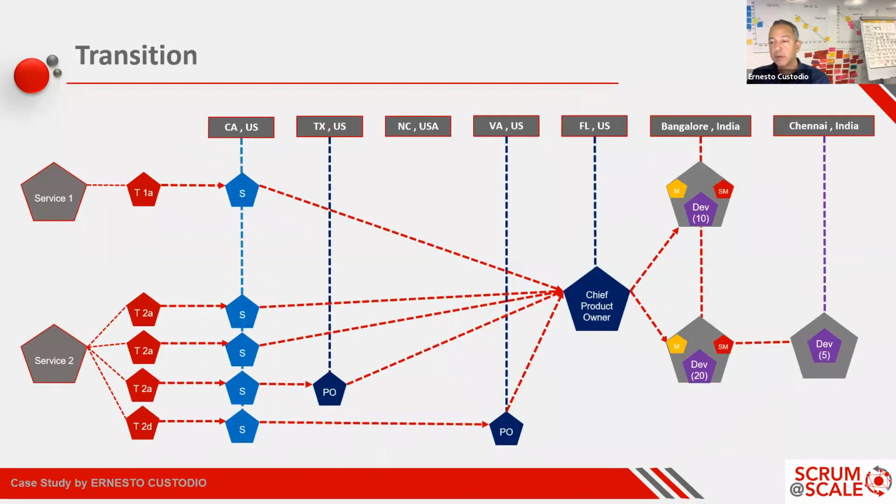So we started working through the problem, and the first thing we did was we tried to unify the requests going through a chief product owner. So we created this chief product owner role that was in Florida here, and we had a few POs that worked through the chief product owner, and the rest of the stakeholders went directly to the product owner.